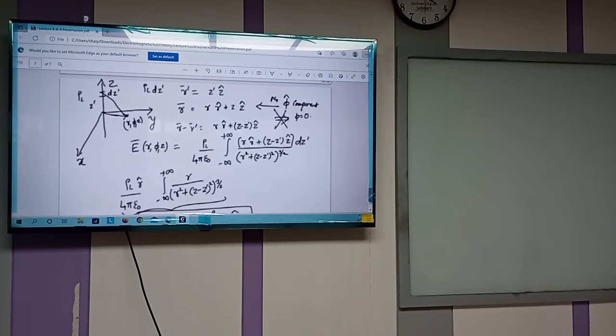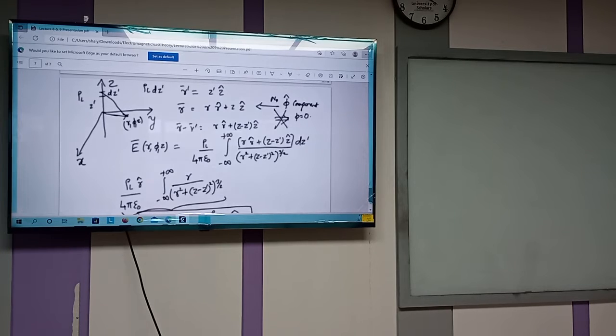You will see that the problem does not become complicated at all. So what is the unit vector for the field point, and what is the unit vector of the source point? You can easily find it from there.